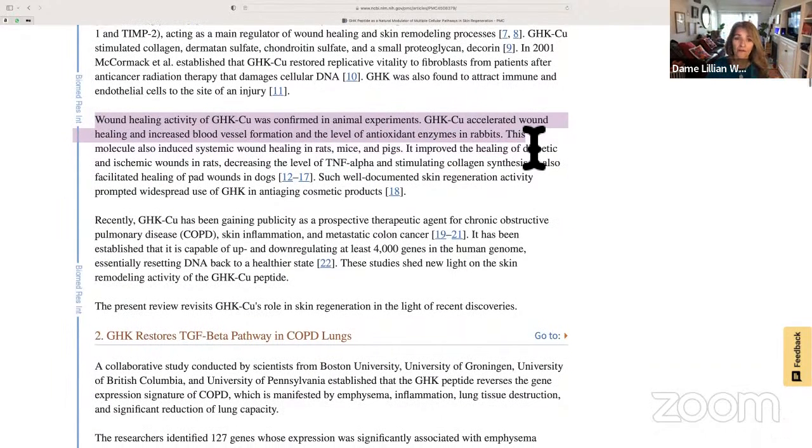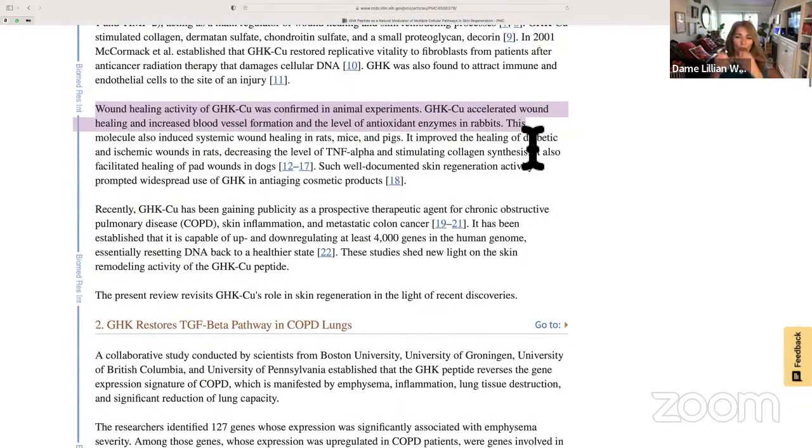When you have increased blood vessel formation, you have more vitality and more repair taking place, because instead of having fewer blood vessels, you have new blood vessels being created to feed, like the source of nutrients to repair whatever is in a damaged state. And now it's going to flourish because it's being fed all the nutrients it needs to repair and restore itself. It also increased the level of antioxidant enzymes in rabbits. So this molecule also induced systemic wound healing in rats, mice, and pigs.